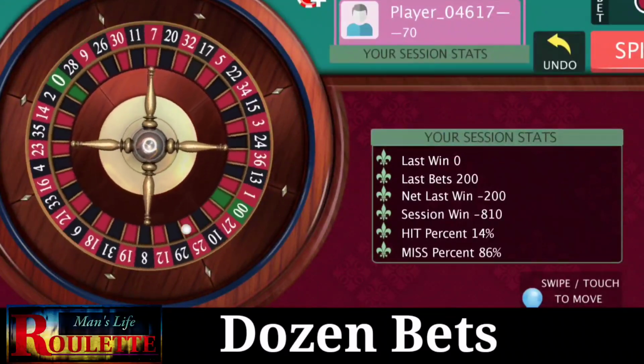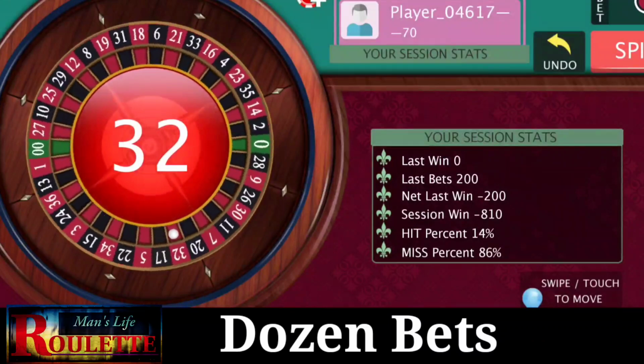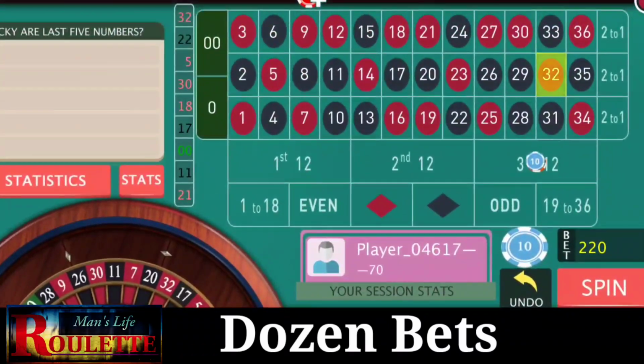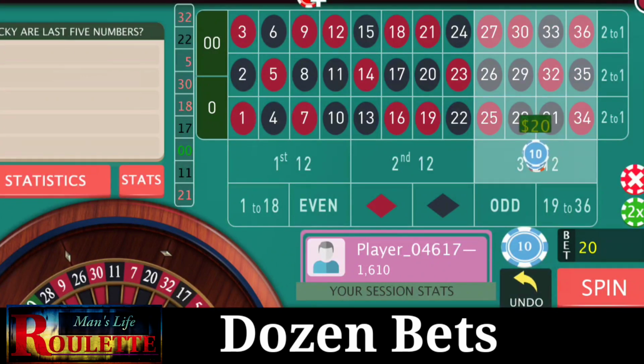It's 32 again, it's a winning spin. So again it's time to reduce the bets. It was $220, so it's time for $210. I'm reducing just $10 in my winning spin and increasing $20 in my losing spin.